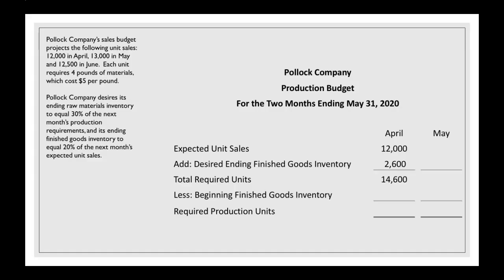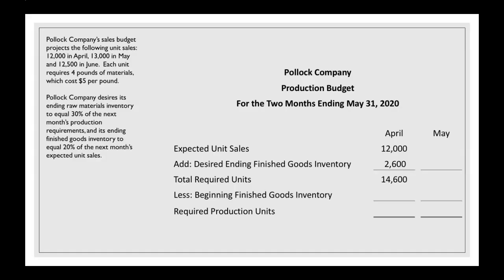Now, beginning finished goods inventory. They didn't really give us any information about that, but what we need to think about is that we began April with the same amount that we ended March with. So what we're really finding here is what we ended March with.